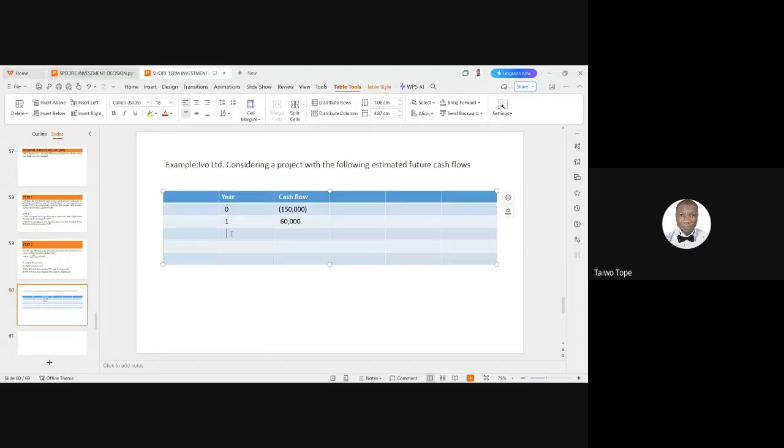That is an inflow now. Year 2, we have a cash flow of what? 75,000. Year 3, we have a cash flow of what? Of 50,000. Year 4, you have a cash flow of what? Of 25,000.